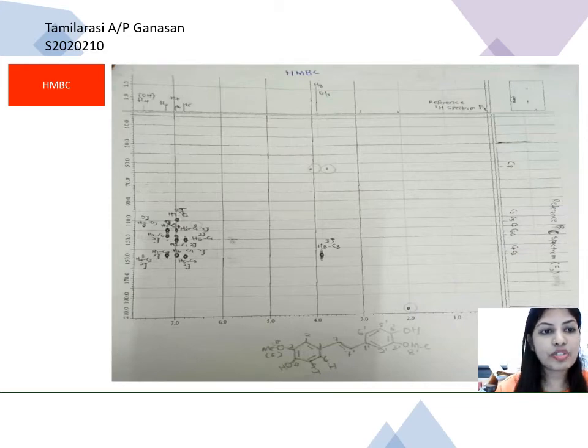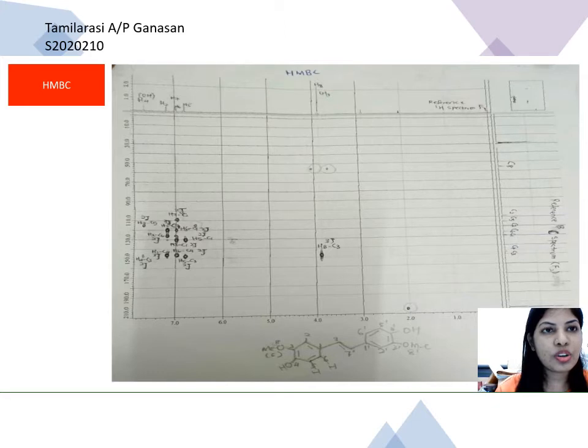Let us refresh what we learned in the previous video. HSQC is one bond, the proton that is bonded to the carbon. This is our last technique, HMBC. First is COSY, second is HSQC, third is HMBC. HMBC is heteronuclear multiple bond correlation.